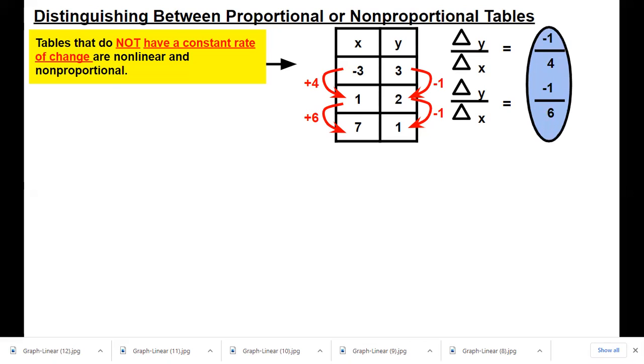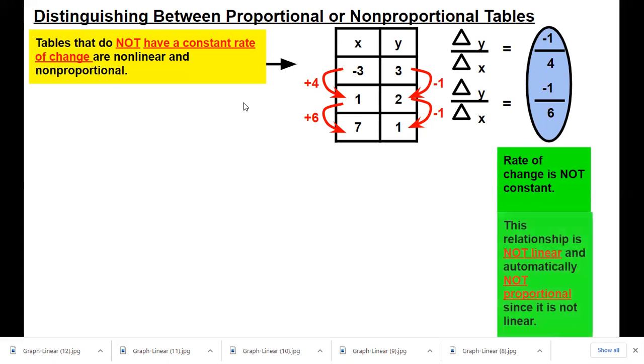That is not the same, are they? Negative 1/4 is not the same as negative 1/6. The rate of change is not constant. That is a non-linear table. The relationship is nonlinear and automatically not proportional. Remember, if it's not linear, it's not proportional.